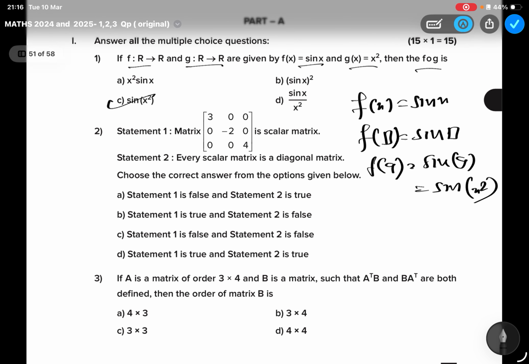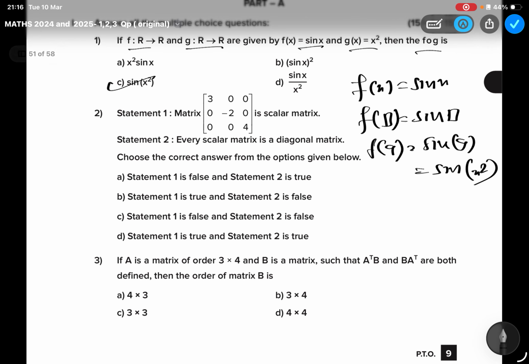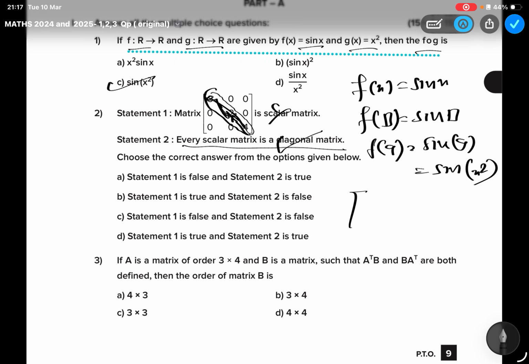Statement 1, matrix is a scalar matrix, and statement 2, every scalar matrix is a diagonal matrix. What is the definition of scalar matrix? Only diagonal elements are present and they are also same, but here they are not same, then it is not a scalar. Every scalar matrix is a diagonal matrix, exactly, for example 2 0 0 2.